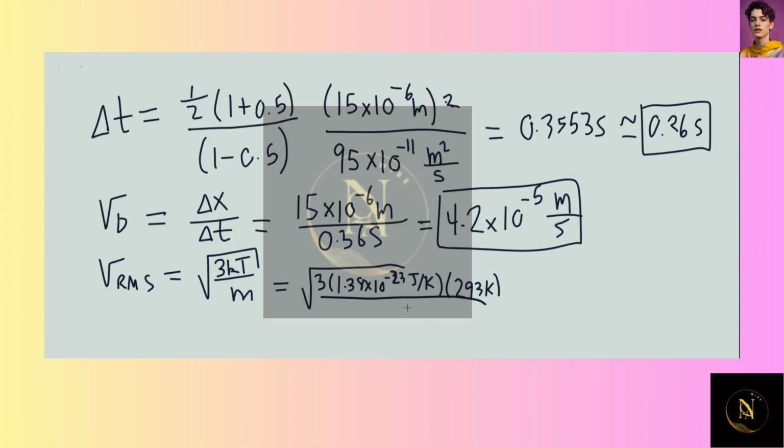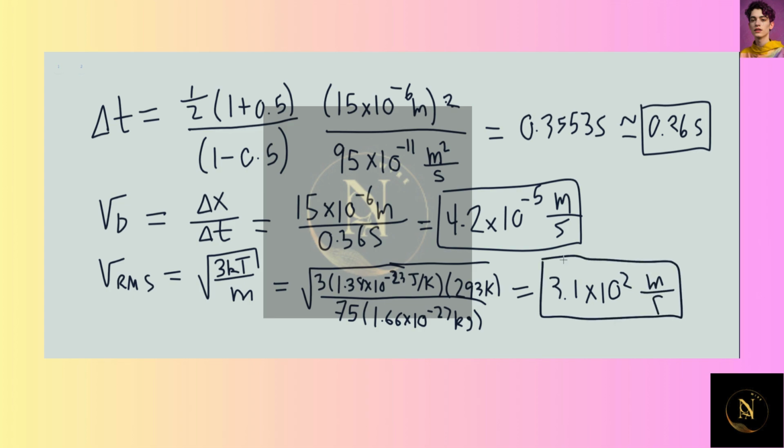And we're given the molar mass, it's just 75 times the mass of a proton, which is 1.66 times 10 to the negative 27 kilograms. Once we number crunch this, we have 3.1 times 10 to the 2 meters per second. So you can see that the random thermal speed is way faster than the diffusion speed, which is due to a change in concentration over distance.